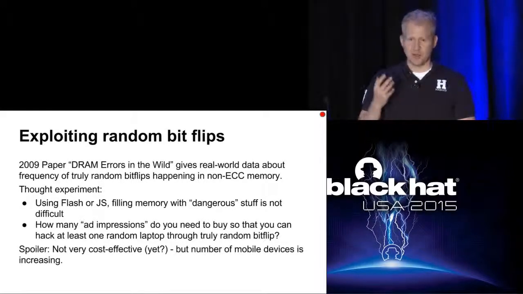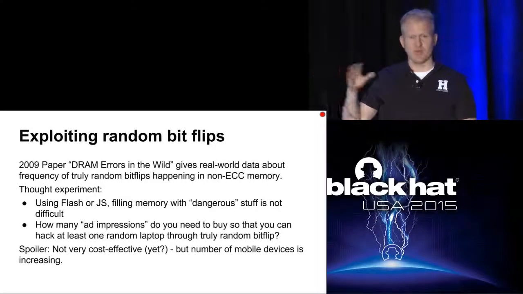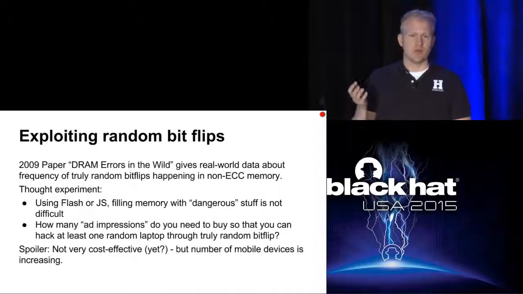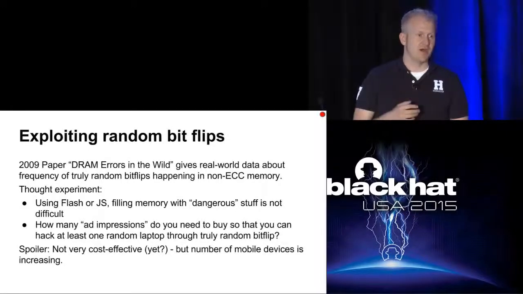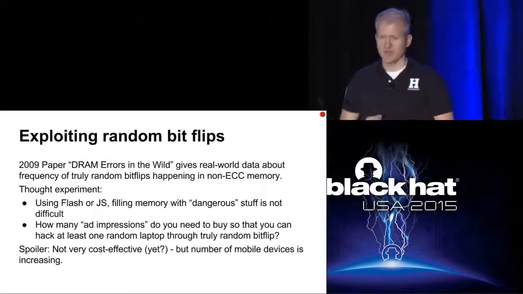So this leads to a fairly obvious thought experiment in terms of, well, if random bit flips happen this and that often, and if I can exploit them to gain privileges outside, like from a JavaScript sandbox or from a Flash sandbox, how many ad impressions do I need to buy before I will compromise a machine just purely randomly by DRAM flipping a bit. Turns out that it's not quite cost effective yet, but it was an interesting thing to look into.